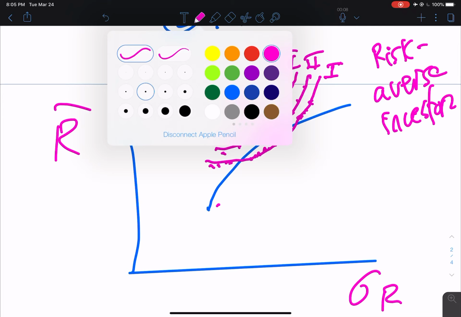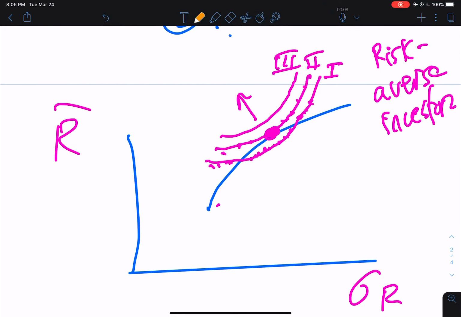For example, there might be another investor whose indifference curves are a little steeper, and that investor might have a point of tangency right there. Still risk averse, but steeper curves, and that'll put him down here. Obviously, this investor is more risk averse than this investor, but they're both risk averse.